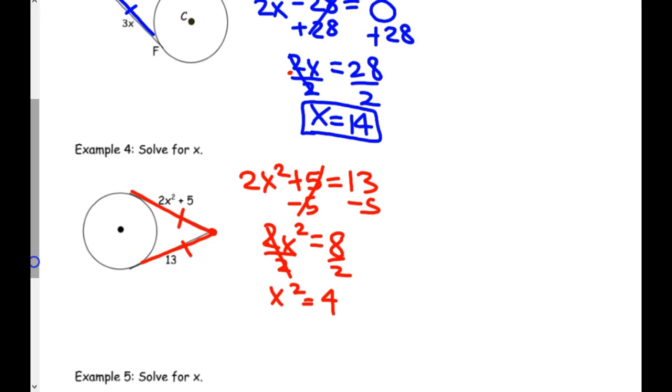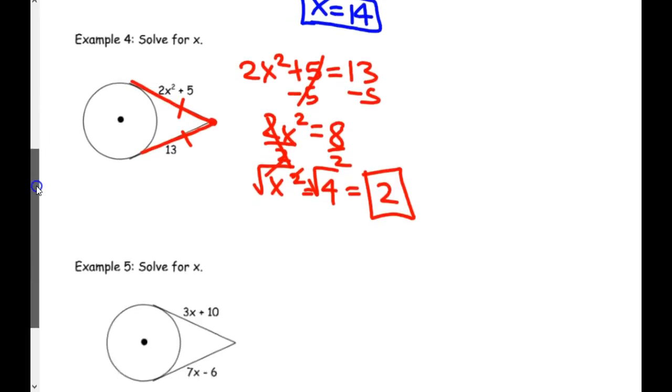Square root sign. Okay? So when you have that x squared problem, wait till the very end, square root it. Hopefully you know, what is the square root of 4? Okay, the positive answer is 2. So that works for me. X equals 2. Okay? So even these squared problems are doable.